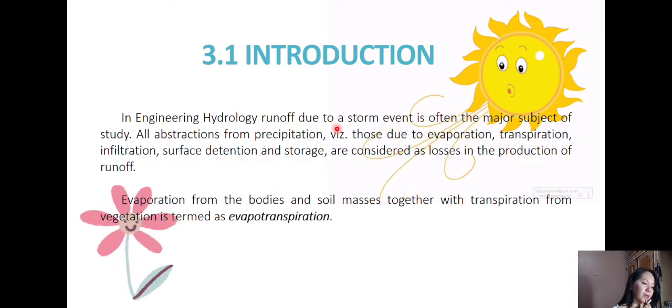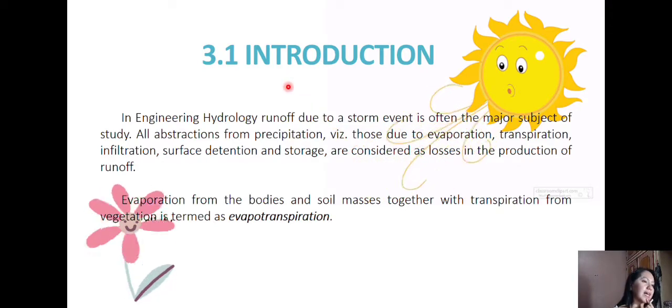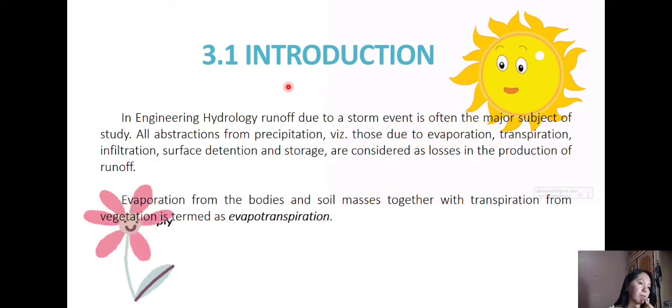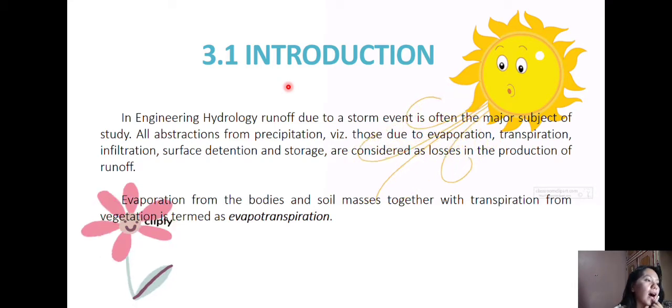Now, section 3.1, introduction. In engineering hydrology, runoff due to a storm event is often the major subject of study. All obstructions from precipitation, those due to evaporation, transpiration, infiltration, surface detention, and storage, are considered as losses in the production of runoff.